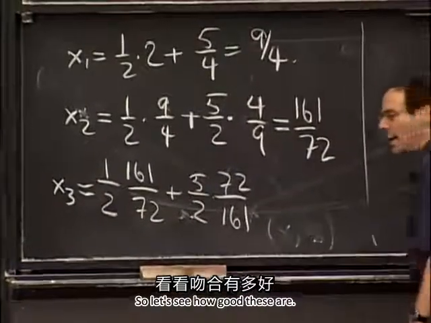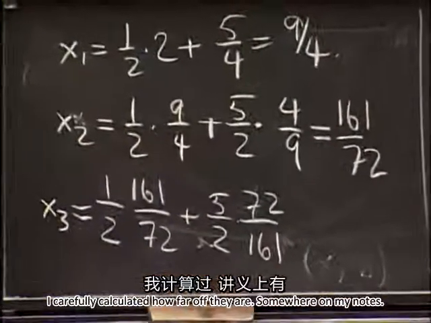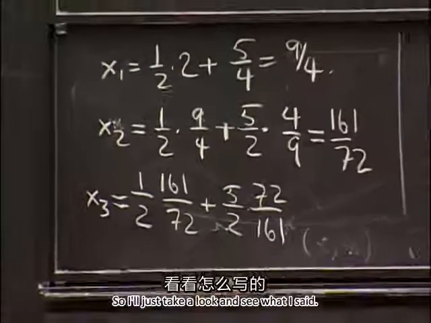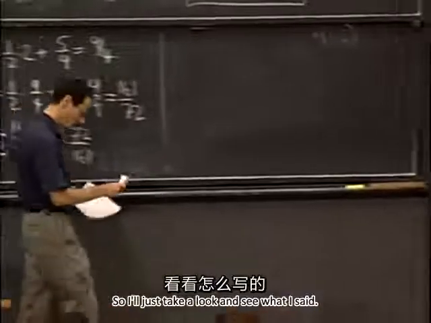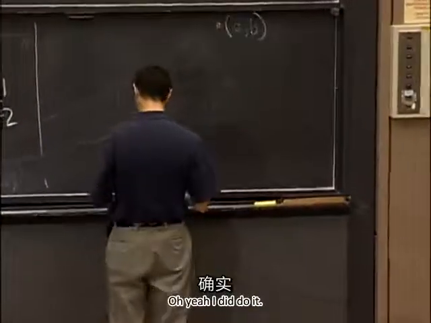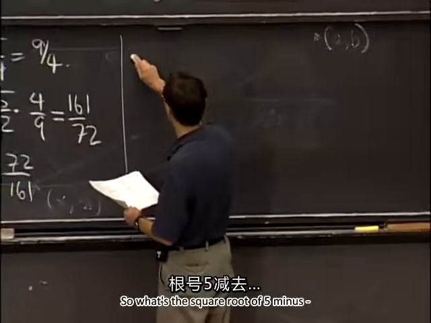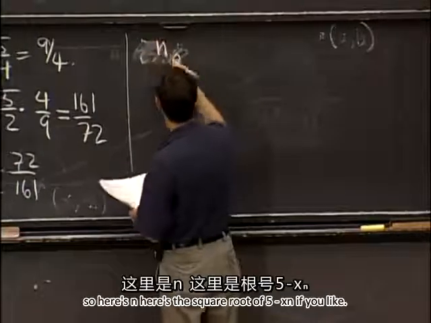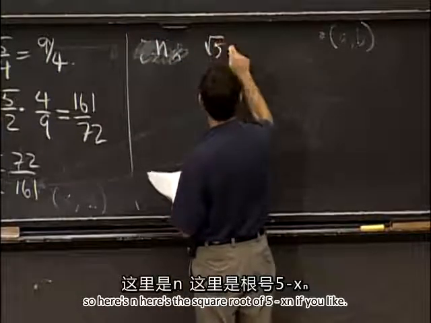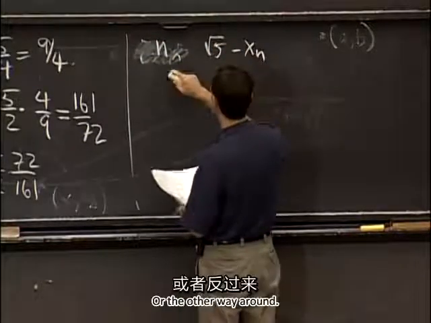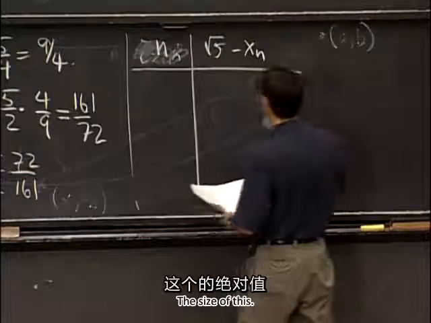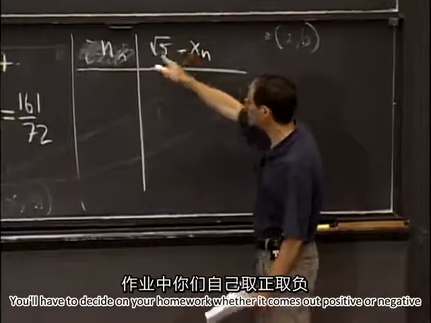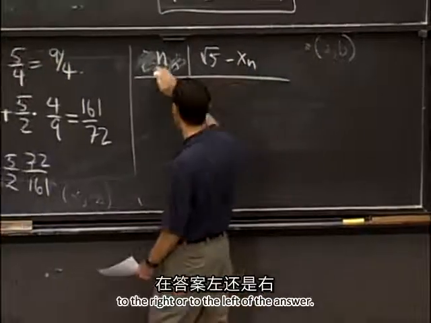I carefully calculated how far off they are somewhere in my notes. So I'll just take a look, see what I said. Yeah, I did do it. Okay, so here's n, and here's the square root of 5 minus xn, if you like, or the other way around. You'll have to decide on your homework whether it comes out positive or negative, to the right or to the left of the answer.